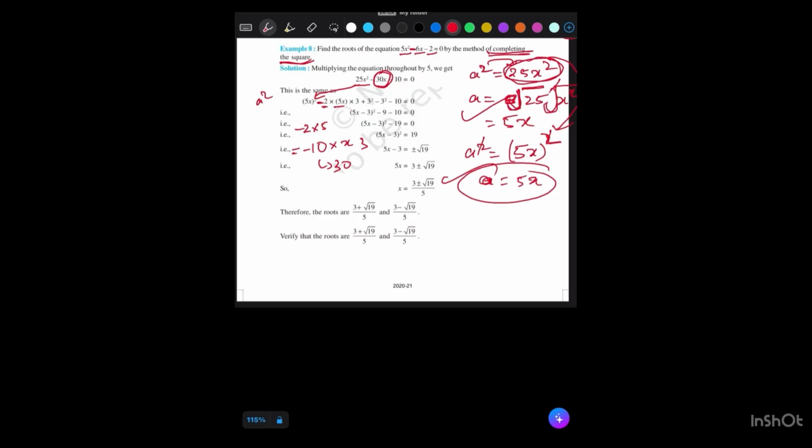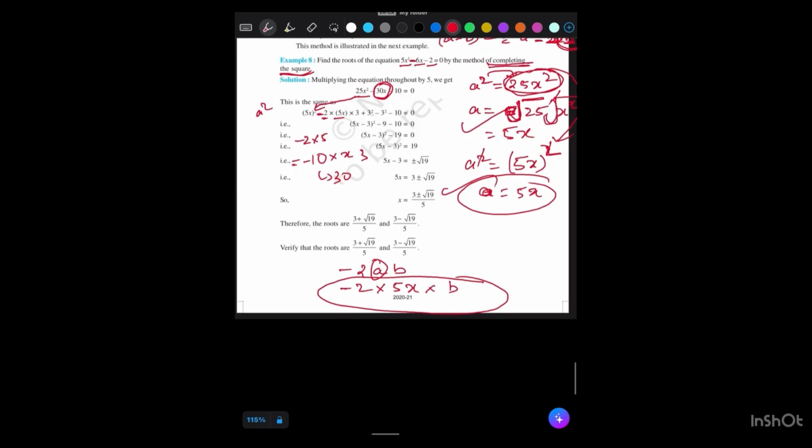Still, I'm assuming that you guys are able to grasp the concept. This is nothing complicated. Minus 2ab we are having in the middle term, right? We have 2 from the formula, and we know 5x because that is the value of a, into b. This entire term gives us 30x.